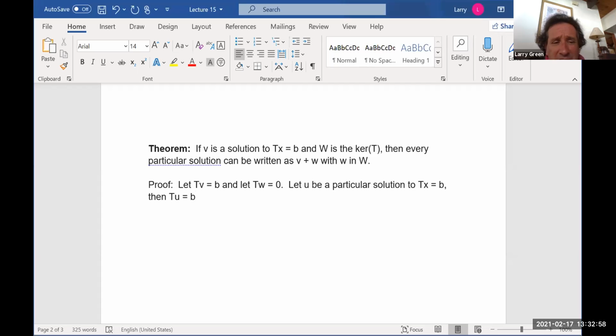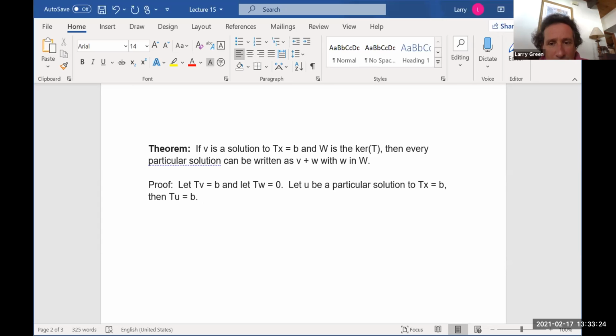So we need to show that u can be written as v plus w. Any questions on that? That's our goal, because the theorem says every particular solution can be written as v plus w for some w in W. So here's what we do, and this is the trick.